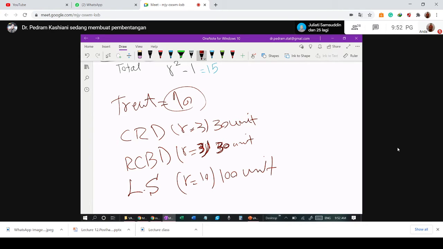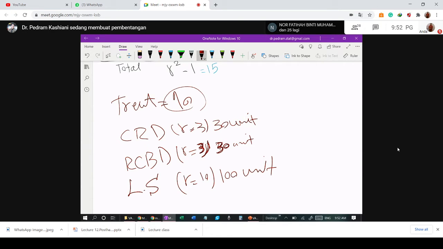If I want to run 10 treatments in CRD and RCBD, my treatments are too many, so I reduce the number of replications. I don't run 4 or 5 replications. I run 3 replications, so my units become 30, which is still manageable. But in Latin square, if I want to test 10 treatments, I have to repeat it 10 times.